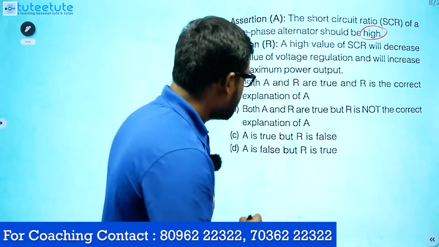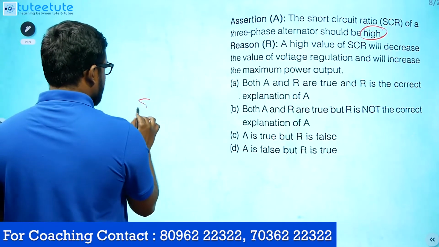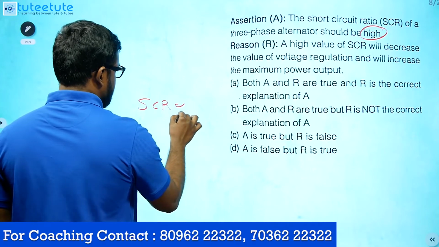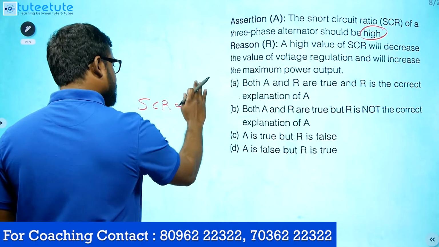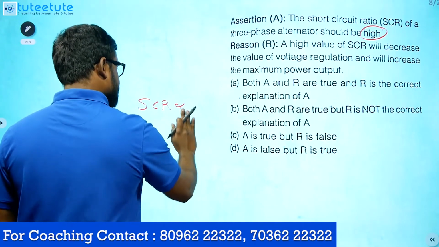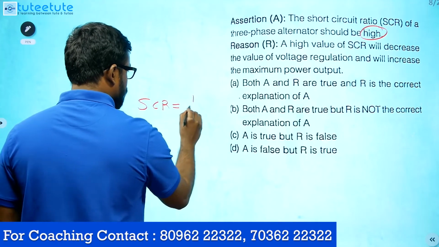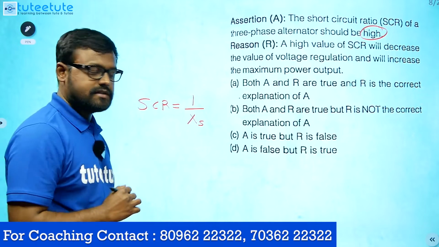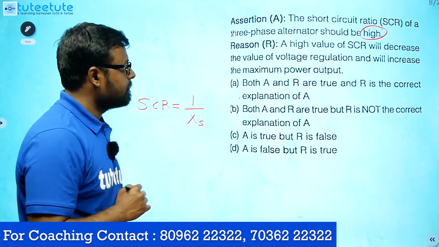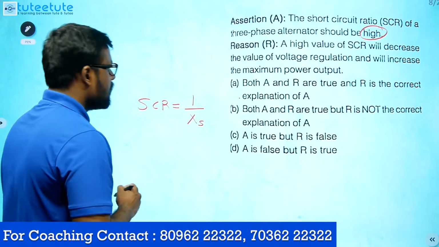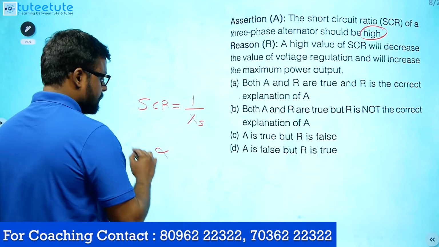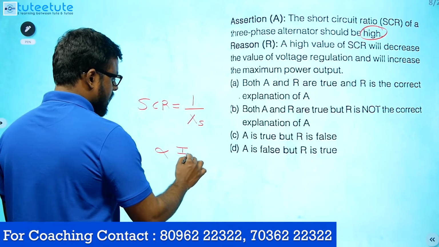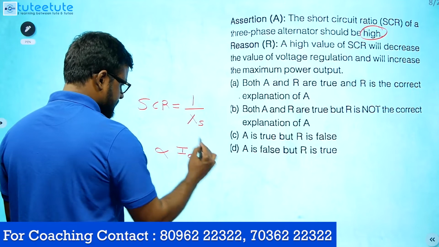I told you, because short circuit ratio is equal to 1 by XS saturated per unit, right? Now voltage regulation is directly proportional to IA into ZS or XS.